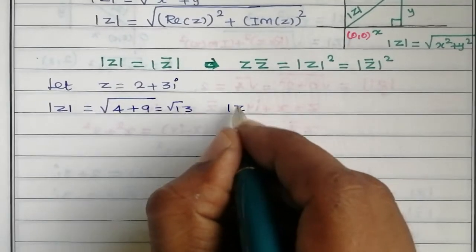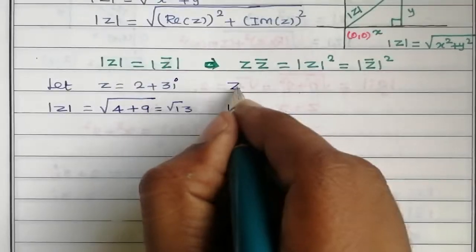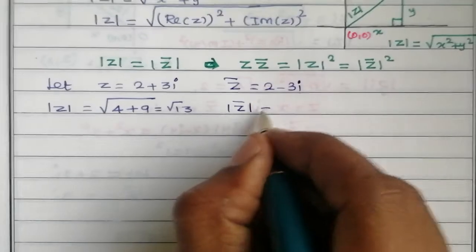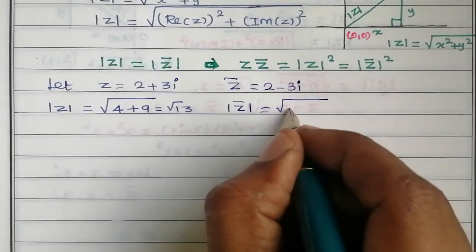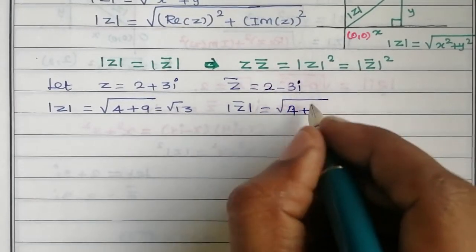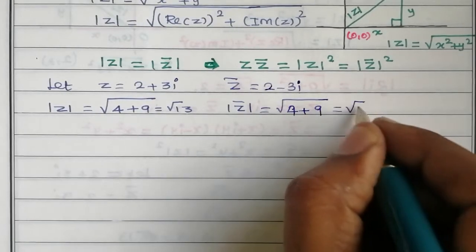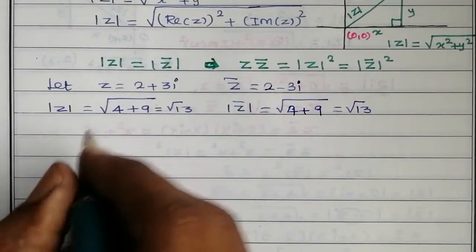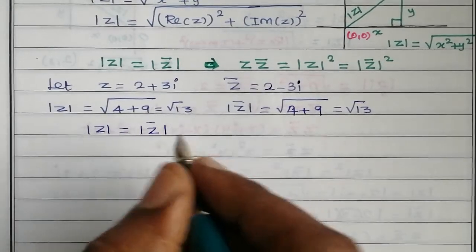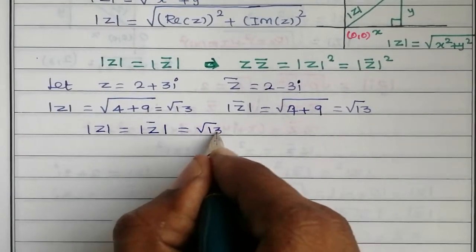What is modulus of z bar? z bar equals 2 minus 3i, so the square root of 2 square, which is 4, plus minus 3 the whole square, which is 9, that is root 13. So mod z equals mod z bar equals root 13.